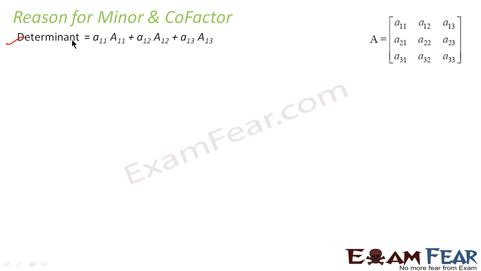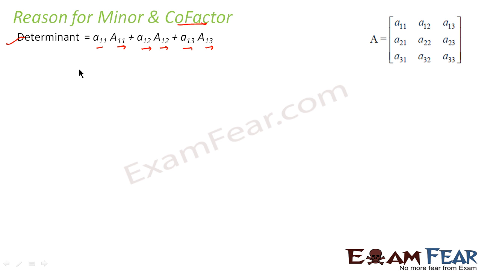You start with any row, take this row, cut this, and find the determinant, but there is no neat and clean way to write this mathematically, and that is the reason why we have got cofactor. So determinant is nothing but A11 cofactor A11, A12 cofactor A12, A13 cofactor A13. So this is a very clear representation.